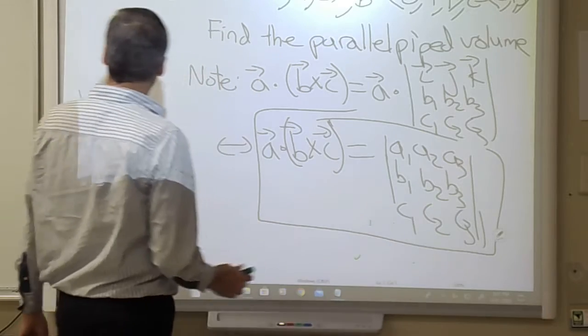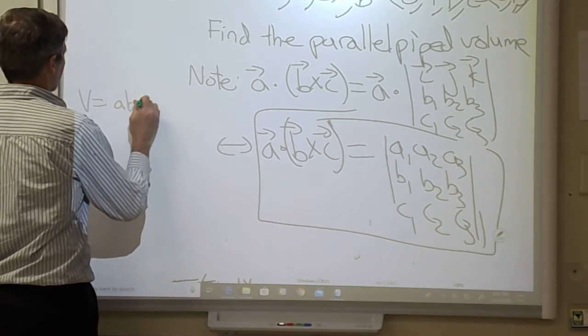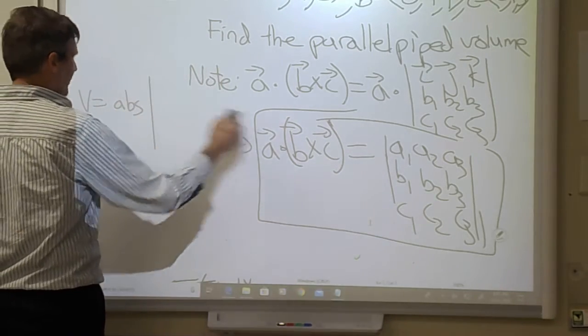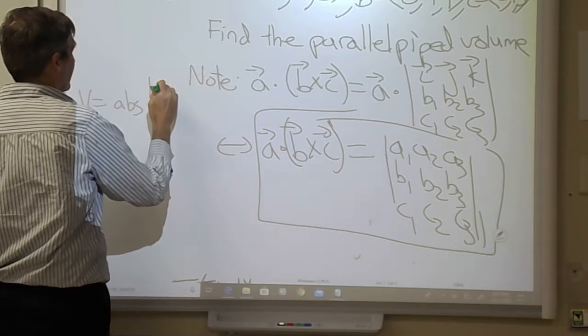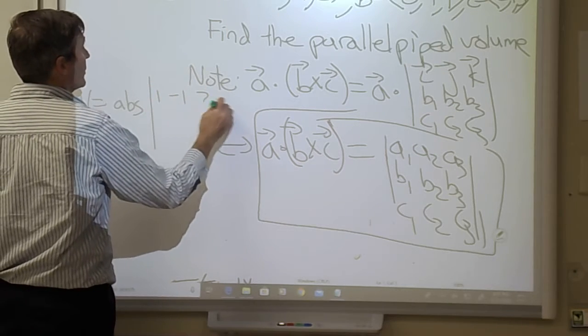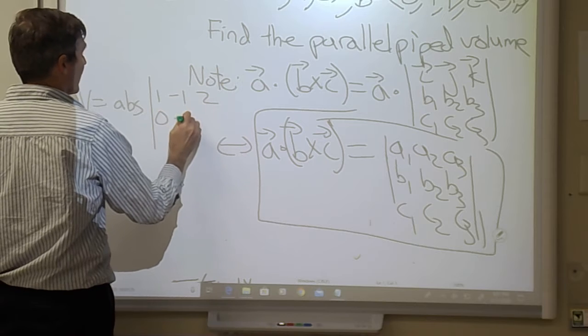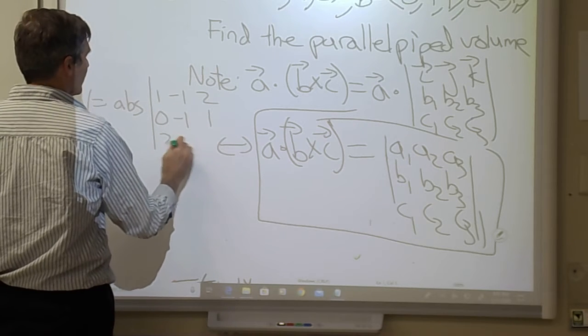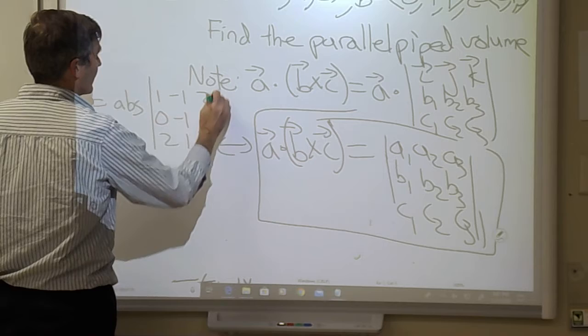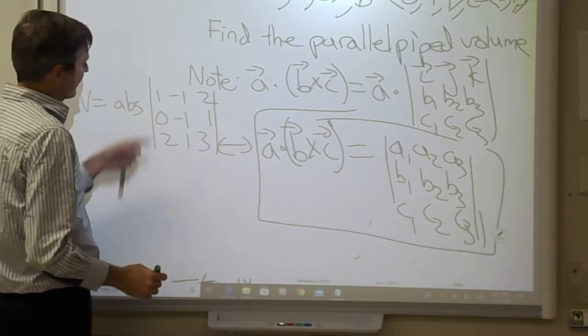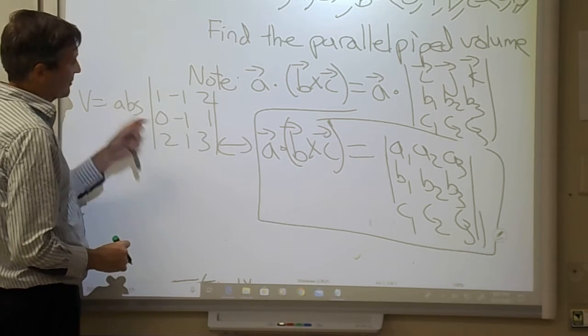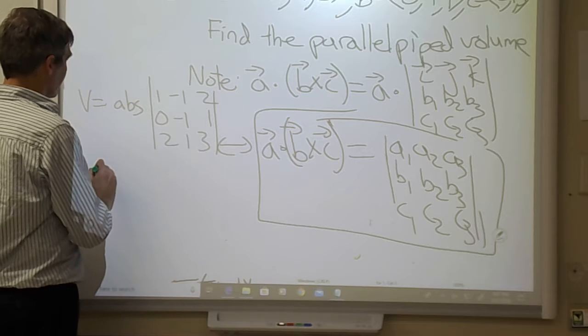Let's say that the volume is ABS, for absolute value, of the triple scalar product, and we put these into the rows: (1, -1, 2), (0, -1, 1), and (2, 1, 3). So we'll take this determinant, putting the vectors into each of the rows, and then take the absolute value when we're done, and that'll give us the volume.